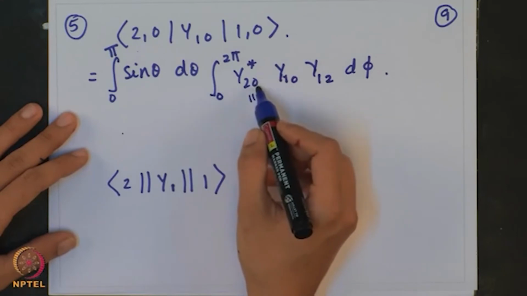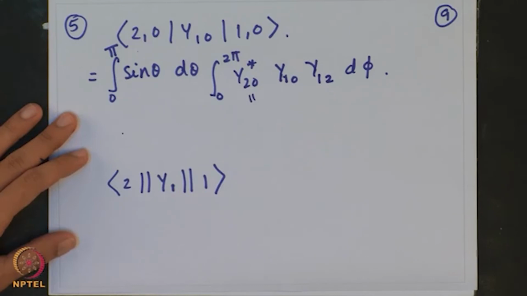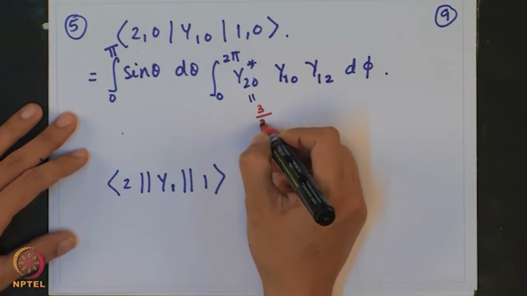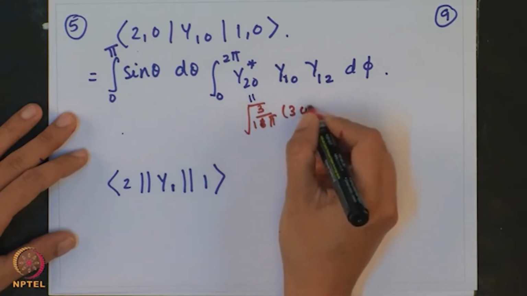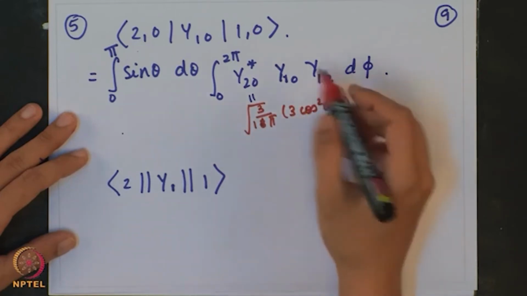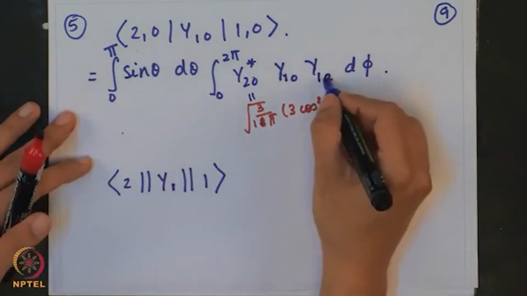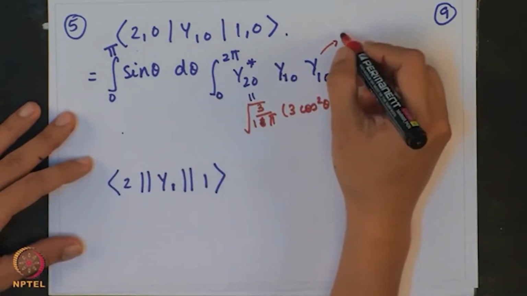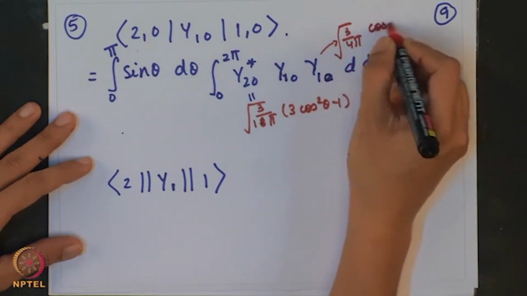And you know these values, Y 2 0 of theta phi, can be written in terms of the angular coordinate as, I do not remember, I think 3 by 16 pi or something, just check this, times 3 cos square theta minus 1. And for Y 1 0, I think this is 3 by 4 pi times cos theta.